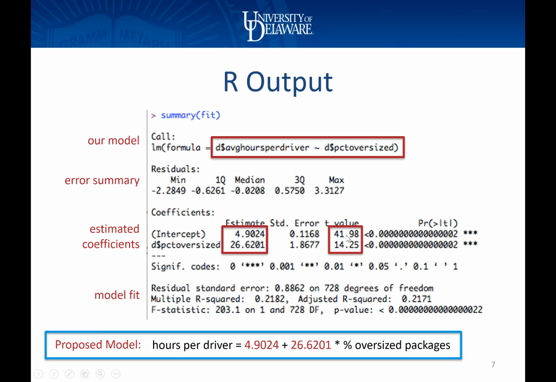That's the value of the test statistic. When we put 26.6 over 1.8677, we get 14.25. So R is calculating the estimate of the coefficient, it's calculating a standard error, and it's also providing a test statistic value. So we can start to do our hypothesis test.